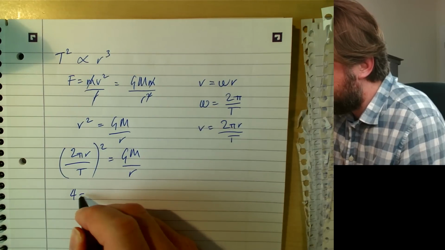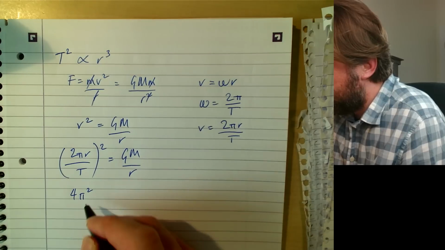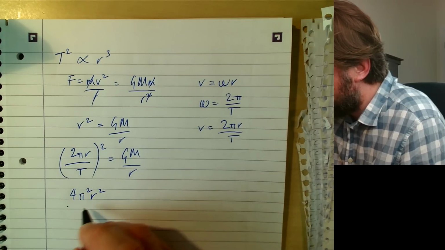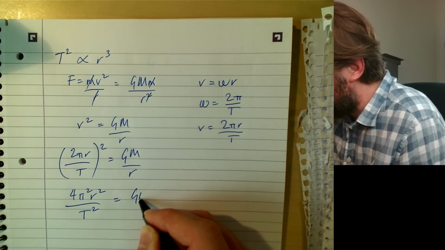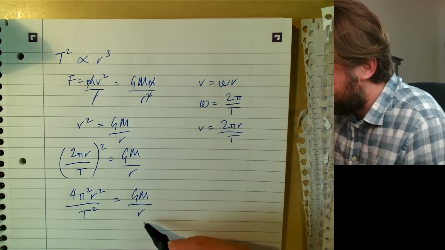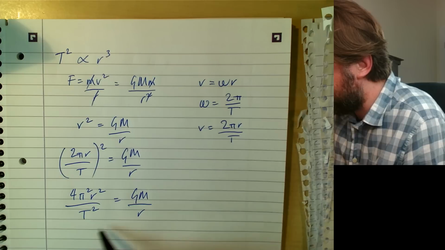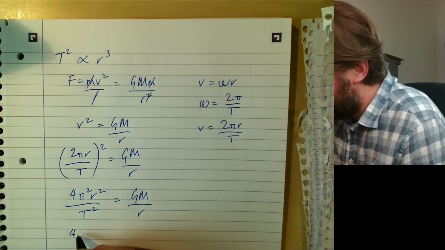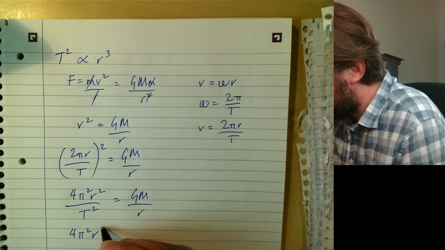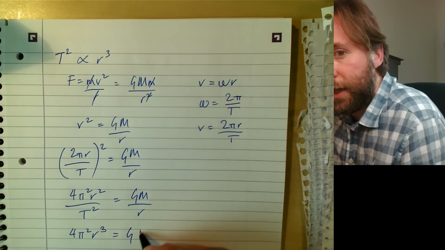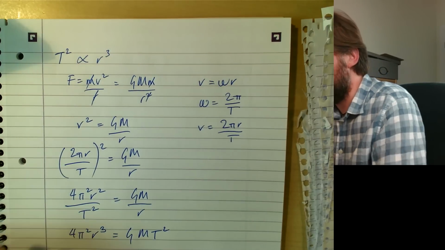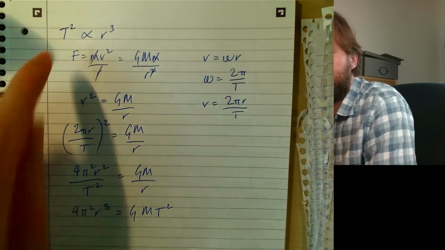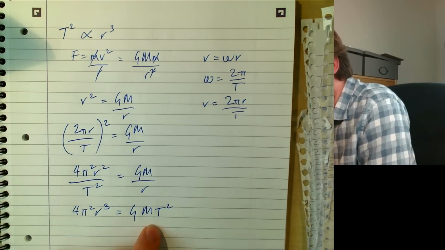Expand the bracket, 4 pi squared r squared over t squared equals GM over r, times both sides by r and just move the t around. 4 pi squared r cubed equals GM t squared. Now, haven't we actually satisfied Kepler's law anyway, because we've got r cubed and t squared there.